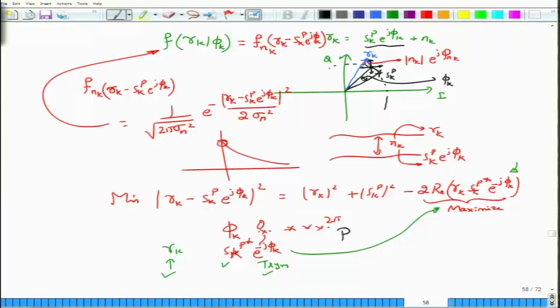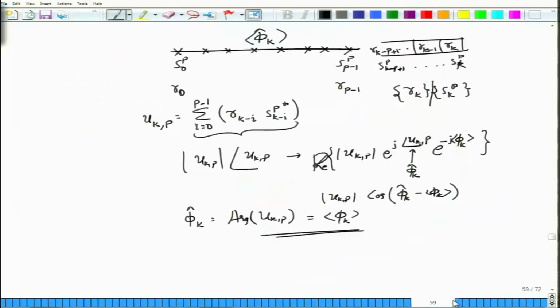The previous version was called blind phase search, because in this case you did not know what phi_k was, but you assumed that phi_k could be changing every time. Therefore, for every symbol that you obtain, you can do a blind phase search by stepping through all values from 0 to 2 pi in appropriate intervals, and then maximizing this particular inner product.